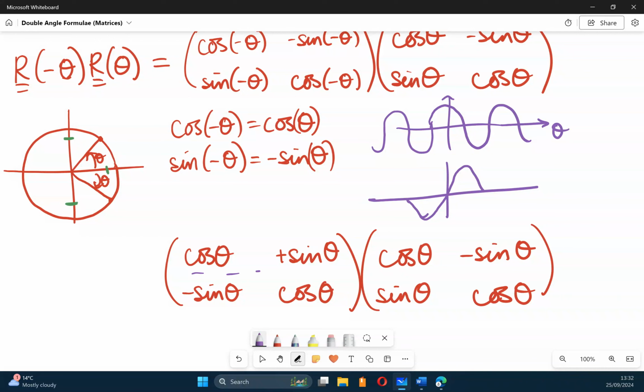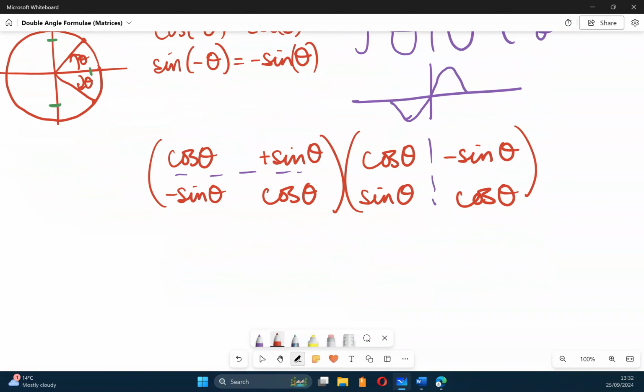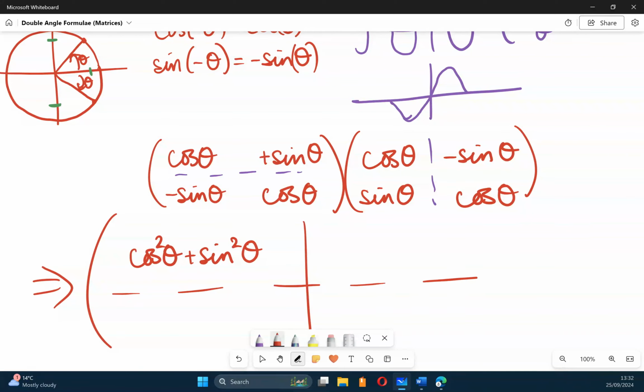So multiplying these together, we have first row with first column. So this is cosine squared theta plus sine squared theta. And then we have first row with second column, so that's cosine theta times minus sine of theta.